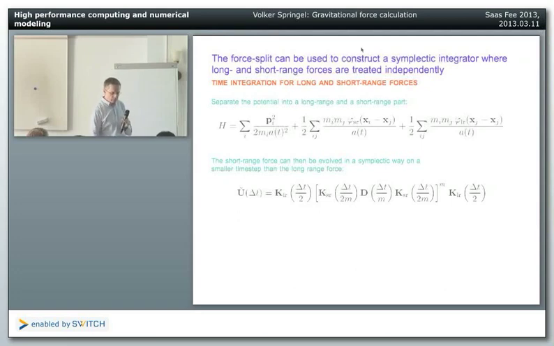And for example, you can define a drift operator corresponding to this kinetic part and a kick operator to the short-range force and a kick operator to the long-range force. And you could then write your time evolution operator like this, that you say, okay, I'm first doing a half-step kick, say with my long-range part, this is this on the right. Now I need to evolve this piece, the short-range dynamics, over delta t.